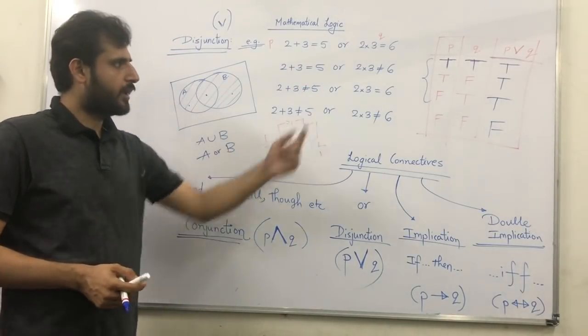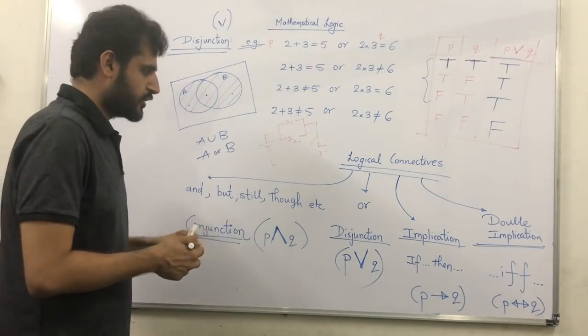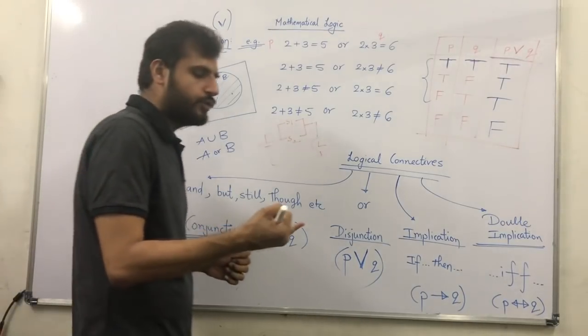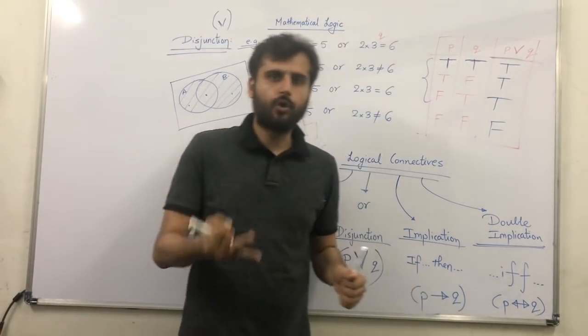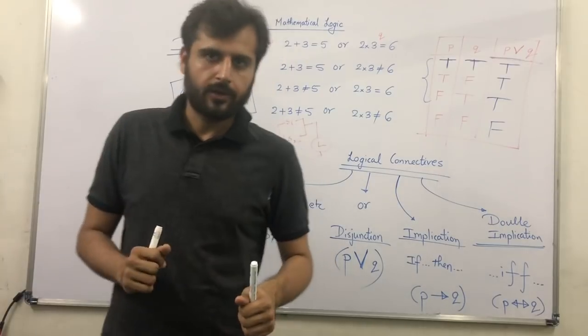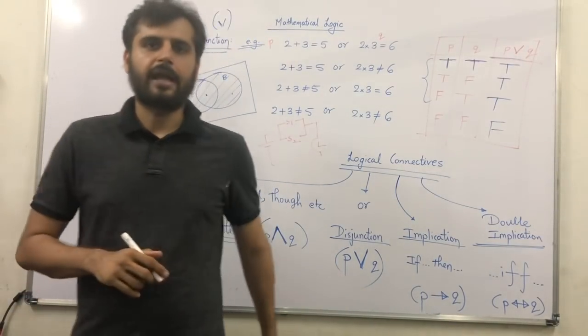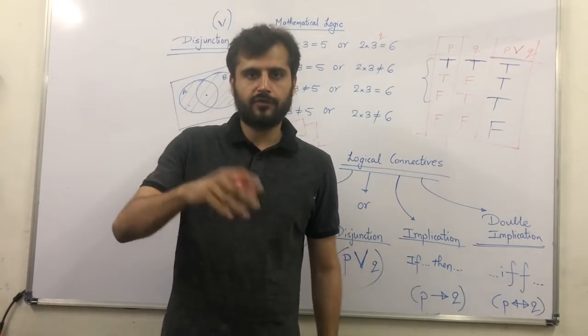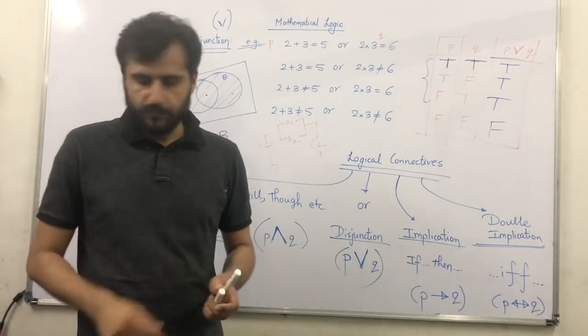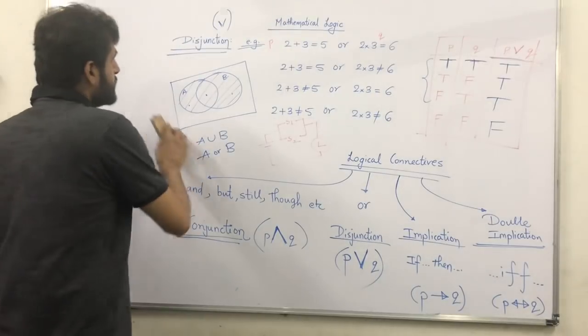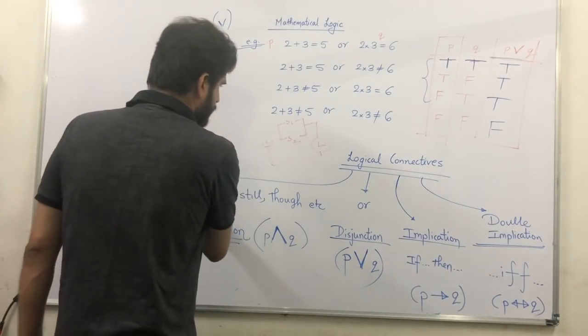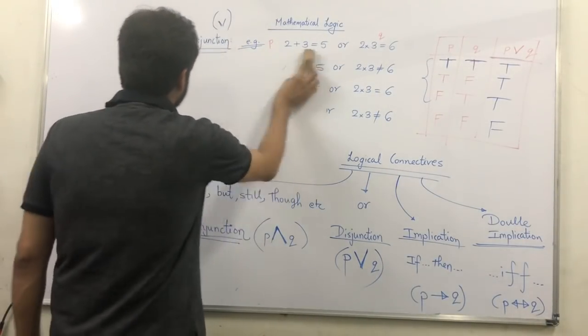All three are examples for disjunction. So conjunction: both true, then only true. Disjunction: both false, then false. In conjunction, if either is false, the answer is false. In disjunction, if either is true, the answer is true. Very easy.